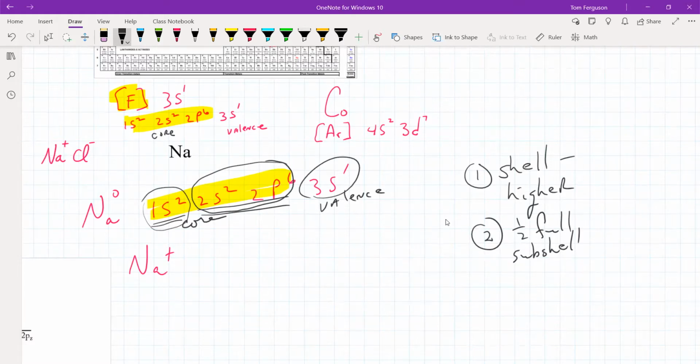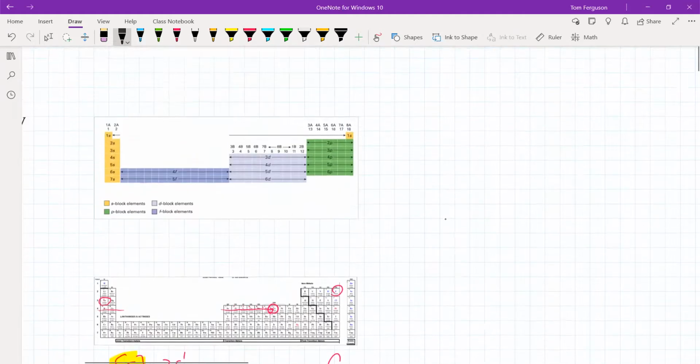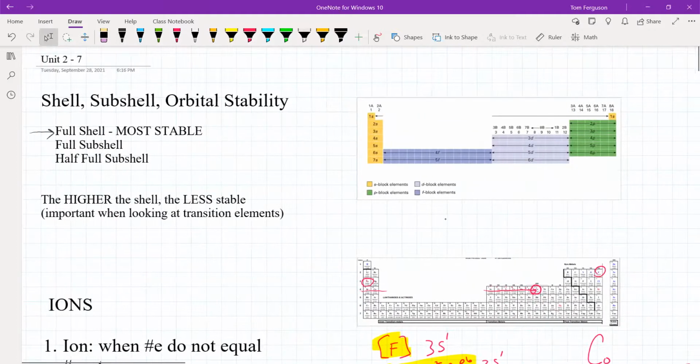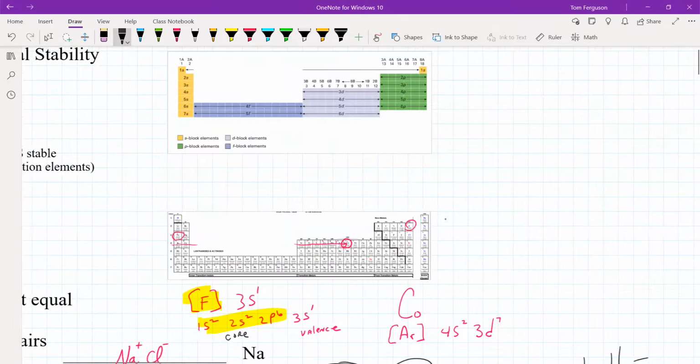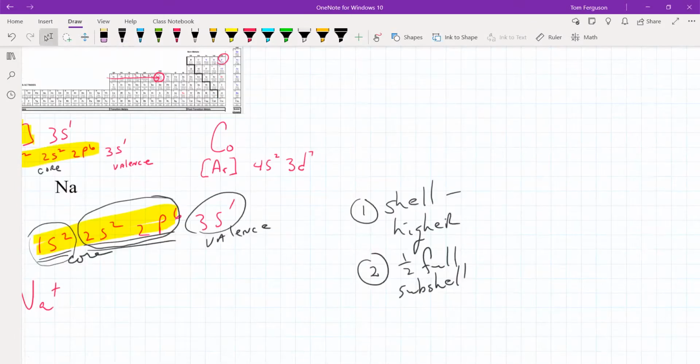So it's not as stable as the core electrons, which have a full shell. So what's sitting down here? That is why that is the candidate electron to leave.